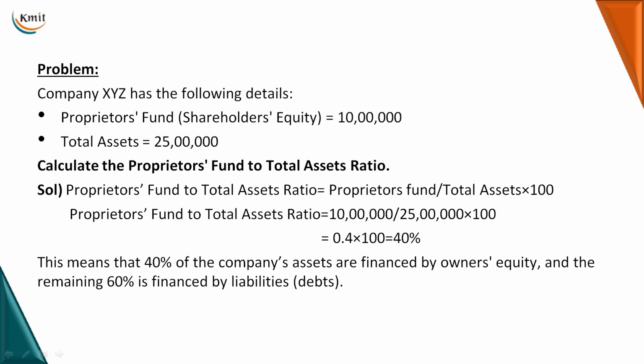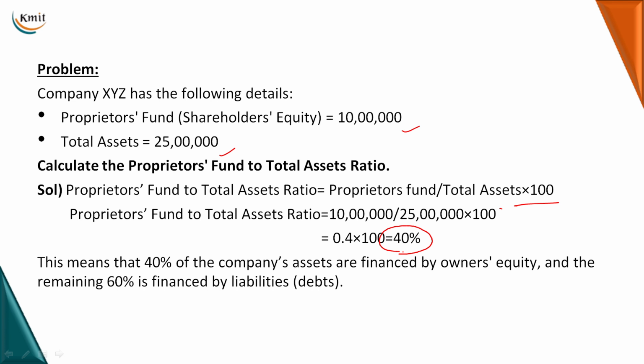Small problem: we are going to substitute the values in the just mentioned formula to assess the ratio of proprietors funds to total assets. Company XYZ has the following details: proprietors funds or shareholders equity is 10 lakhs, total assets is 25 lakhs. So the ratio is proprietors funds divided by total assets into 100.